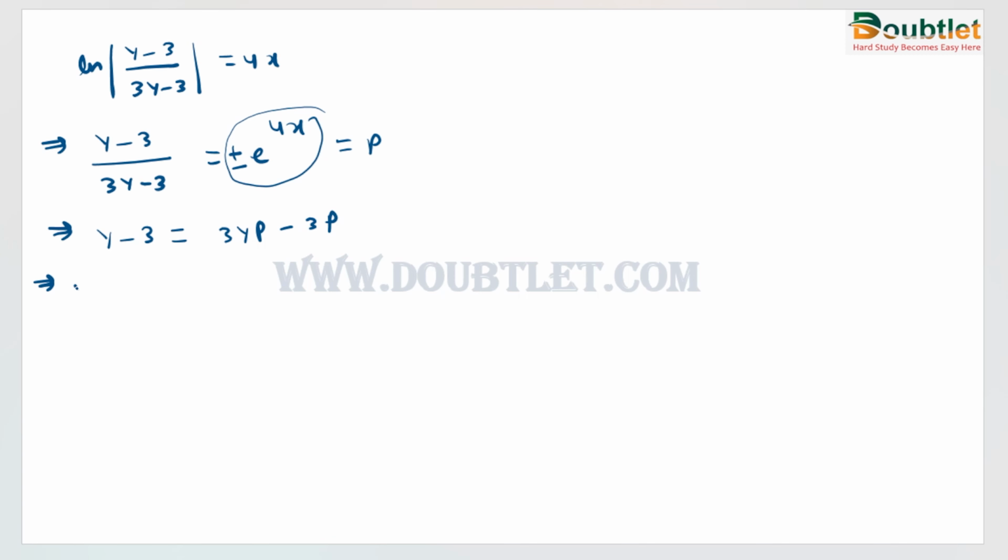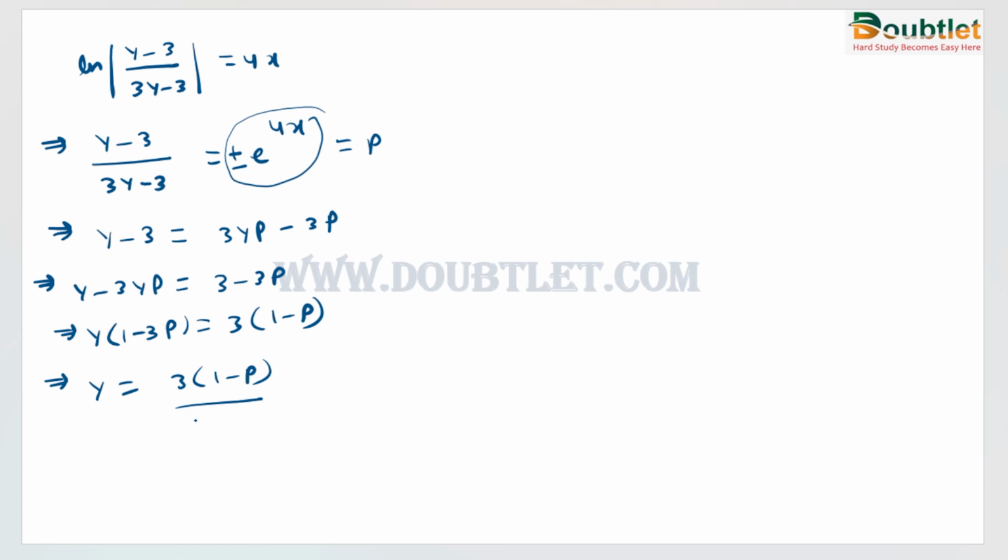So this will become y minus 3yp is equal to 3 minus 3p. We will take y common. This will become 1 minus 3p, and on the other side this will become 1 minus p. So y is equal to 3 times (1 minus p) divided by (1 minus 3p).